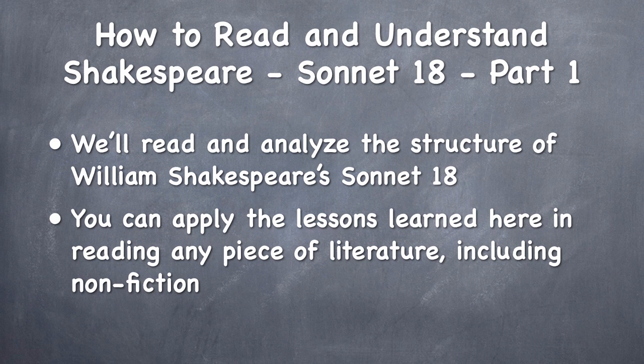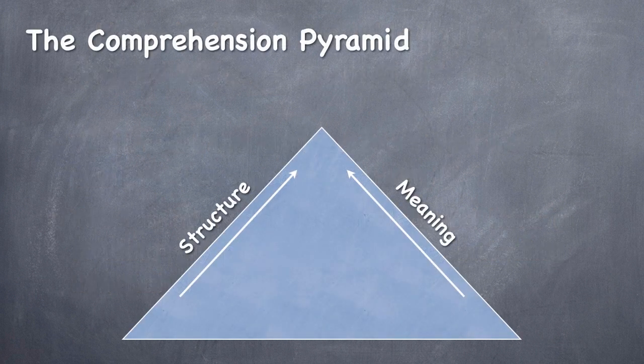So let's see. First of all, let me introduce you to the concept of the Comprehension Pyramid. The Comprehension Pyramid is a graphical representation of how comprehension, at least the way I teach it, works. One side of it is structure. The other side of it is meaning.